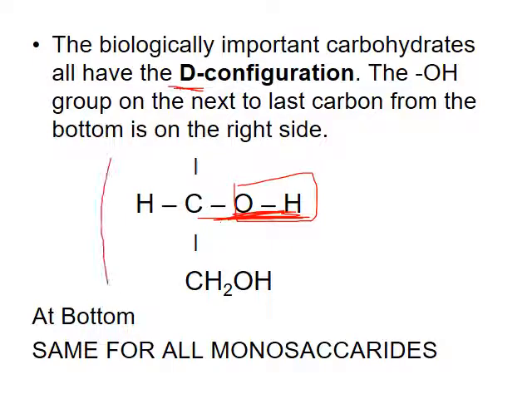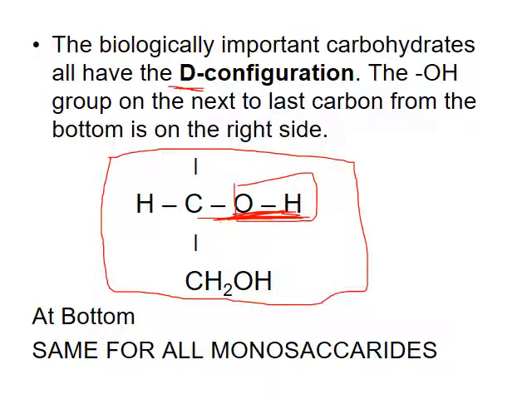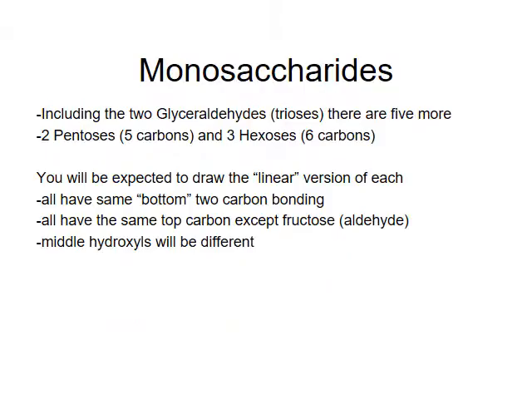Now, one thing we're going to find is we're going to go over 5 more monosaccharides, and all of them are going to have this in common at the bottom. So you have the first 2 glyceraldehydes, which are trioses because they had 3 carbons.